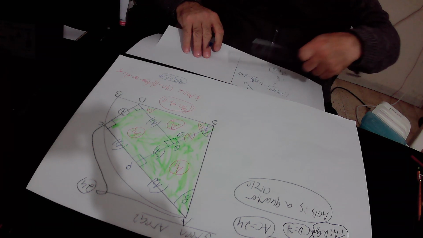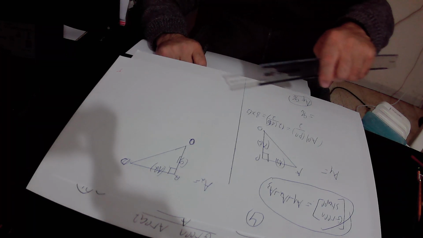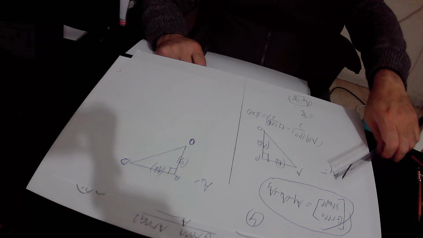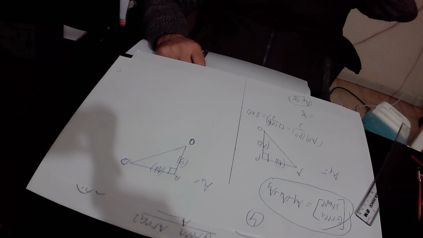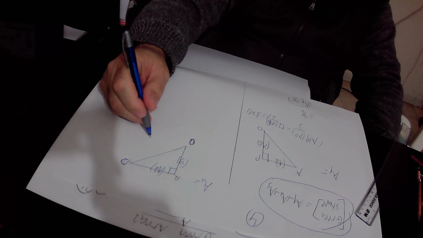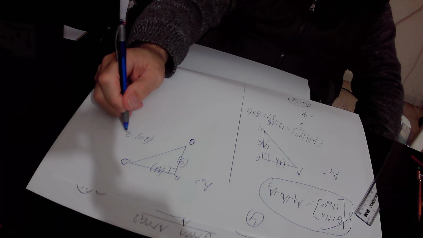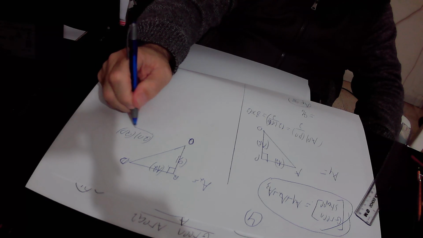Repeat again. A2 is actually the area of this right triangle OQD. The area of this right triangle OQD is equal to QO times QD over 2.